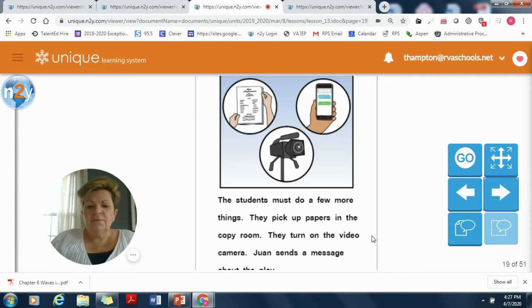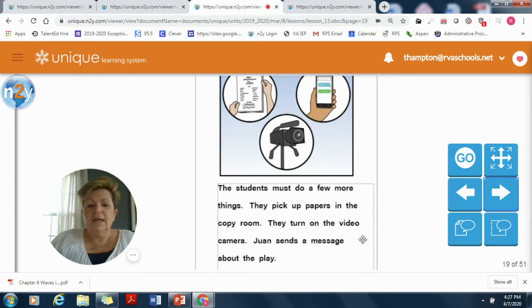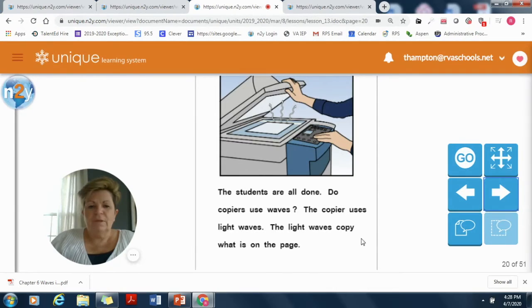They pick up the papers in the copy room, they turn on the video camera, and Juan sends a message about the play. The students are all done. Do copiers use waves? The copiers use what kind of wave? Light waves. The light waves copy what is on the page.